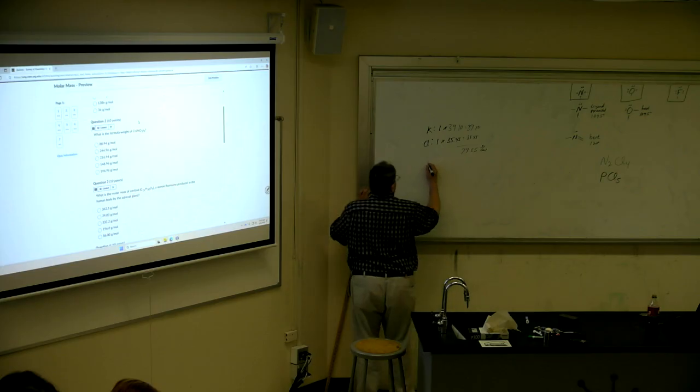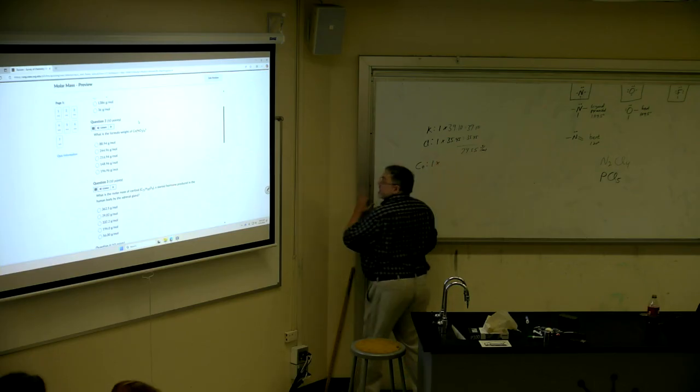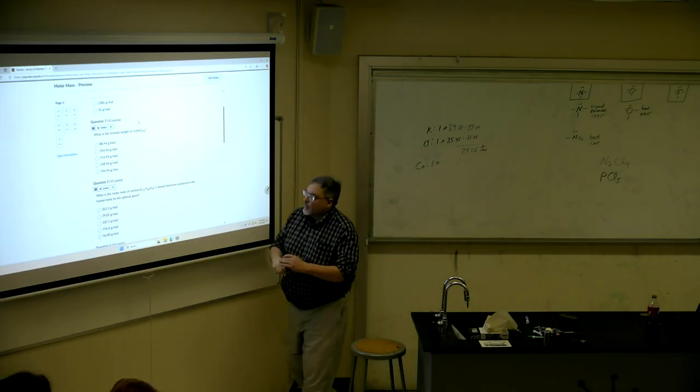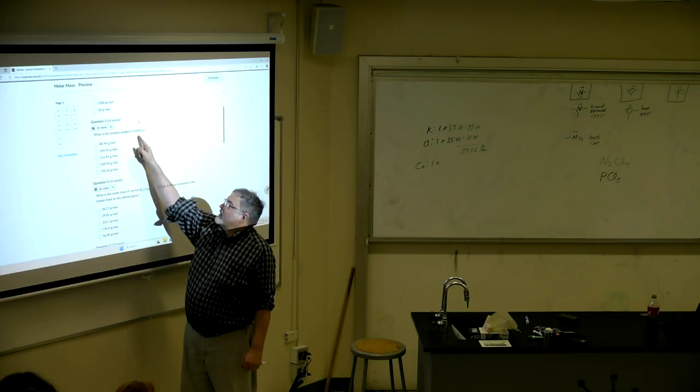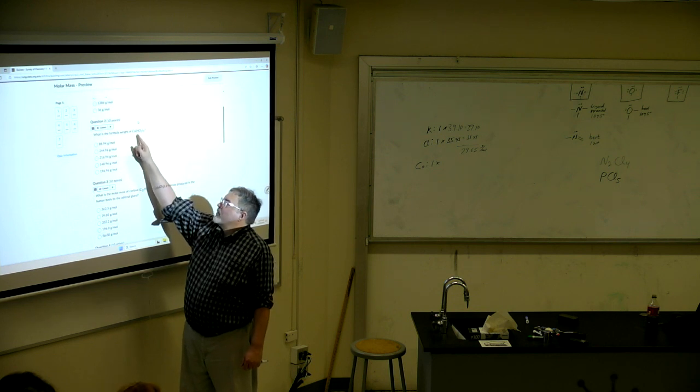These with parentheses, don't get lost here. That's showing you there's a cobalt, and there's one of them, and you have a parentheses. You have 3 of these NO3 units, so that means you have 3, 6, 9.